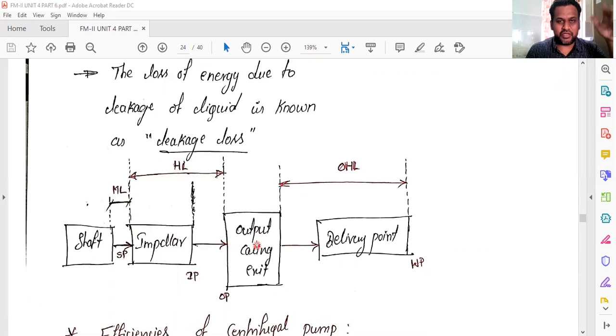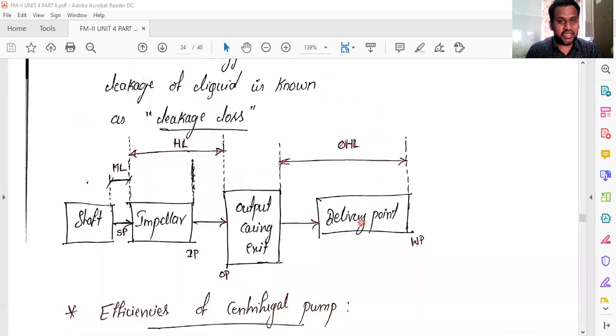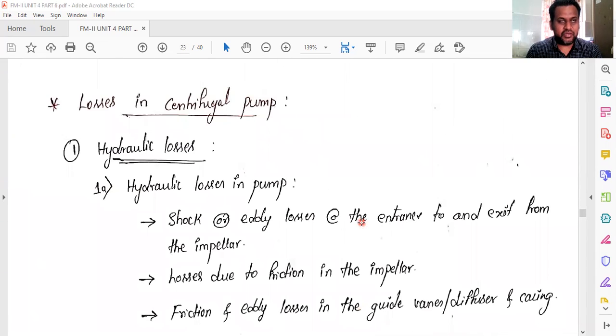Between the impeller and the output of the casing exit, that is, the starting point of the delivery pipe, a hydraulic loss happens between these two. I already told you hydraulic loss happens in the casing and the impeller portion. Other hydraulic losses happen between the output and the delivery point, that means losses in the delivery pipe. Okay, so that is about the different types of losses.